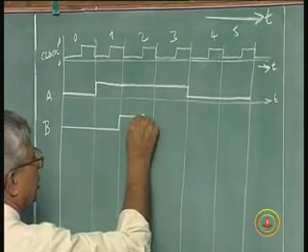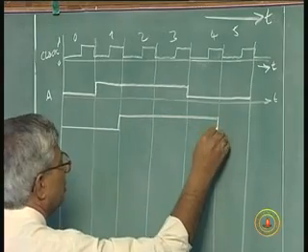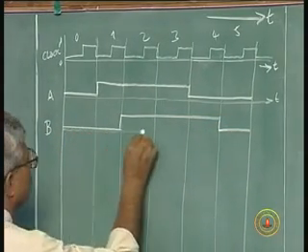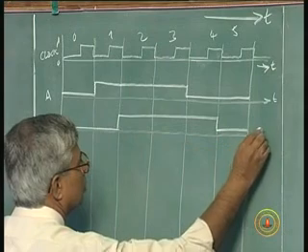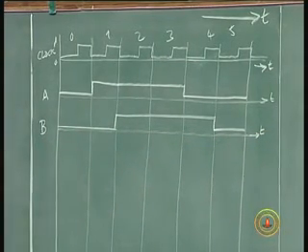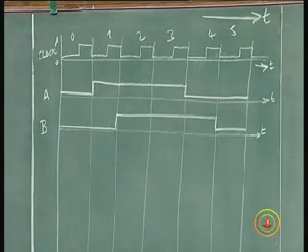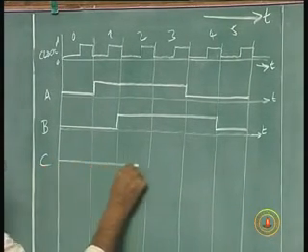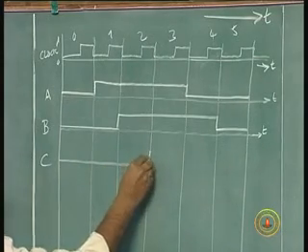The next 3 clock pulses it will be 1. C would be 0 for the first 3 clock pulses and 1 for the next 3 clock pulses.